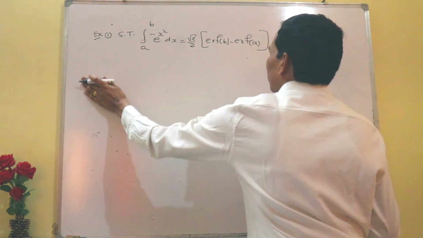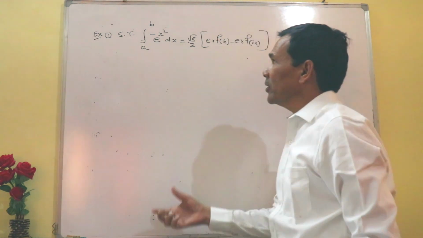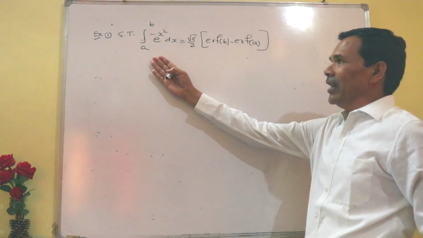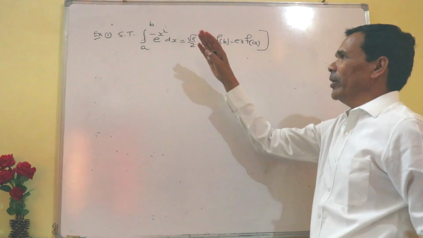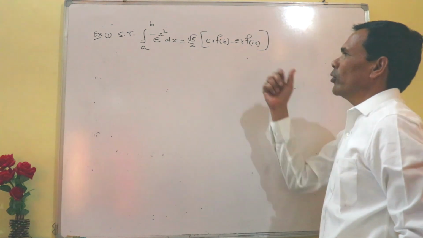Now to prove this, you can consider either the RHS or the LHS. If you consider the LHS, you have to split the integral from a to 0, 0 to b. Or you can consider the RHS and try to show the LHS.